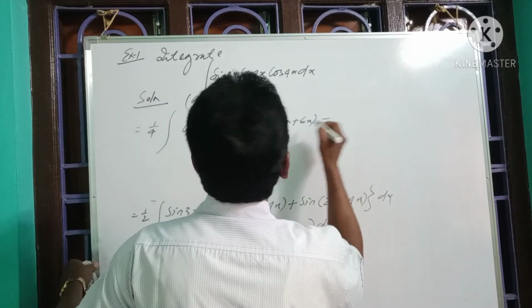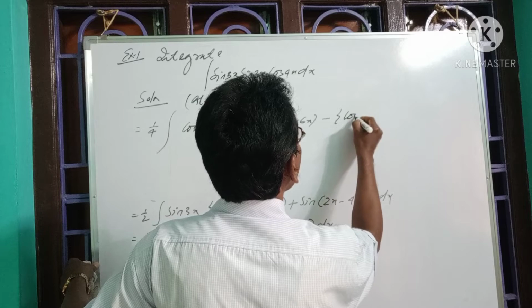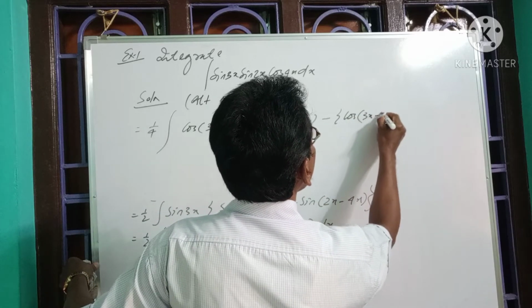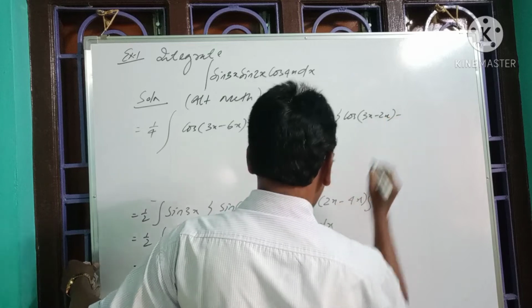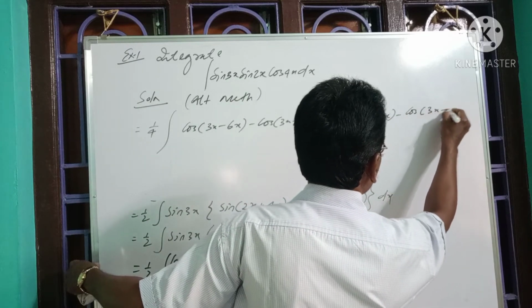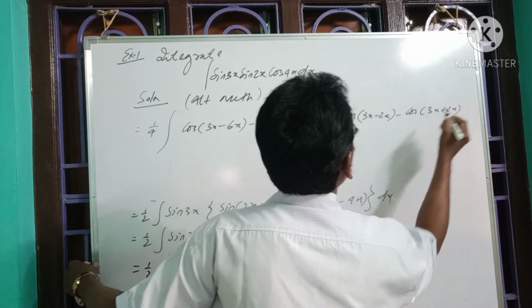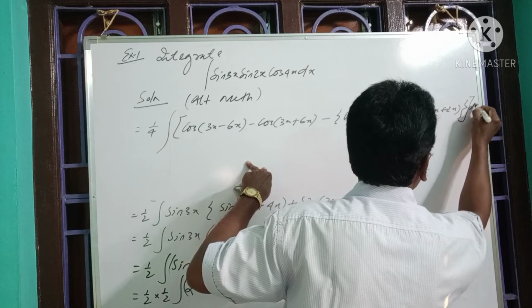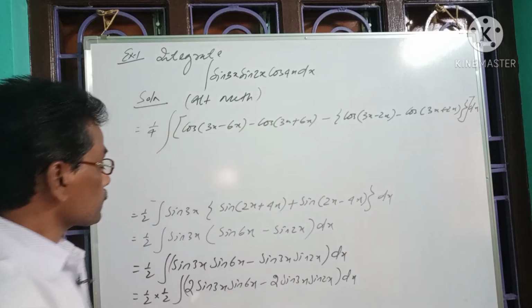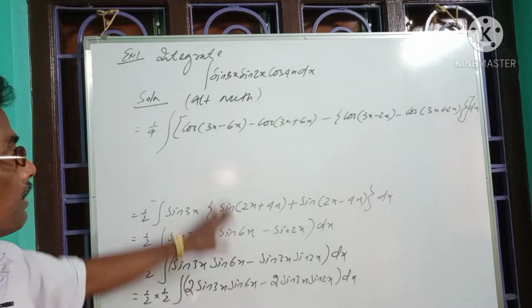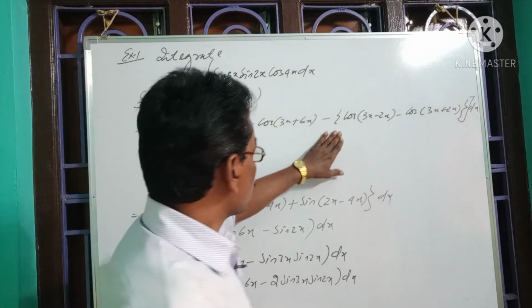So we have cos of a minus b, that is cos of 3x minus 2x, minus cos of a plus b, that is cos of 3x plus 2x, and whole integration with respect to x. So now using the formula of 2 sin a into sin b, that is equal to cos of a minus b minus cos of a plus b, we got like this.